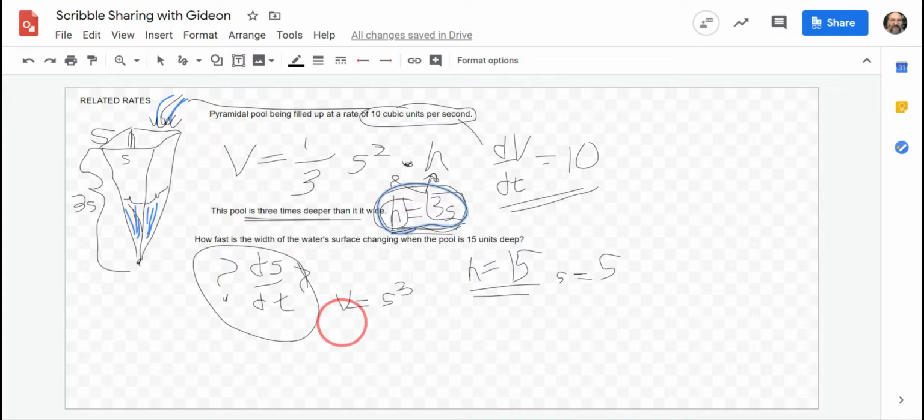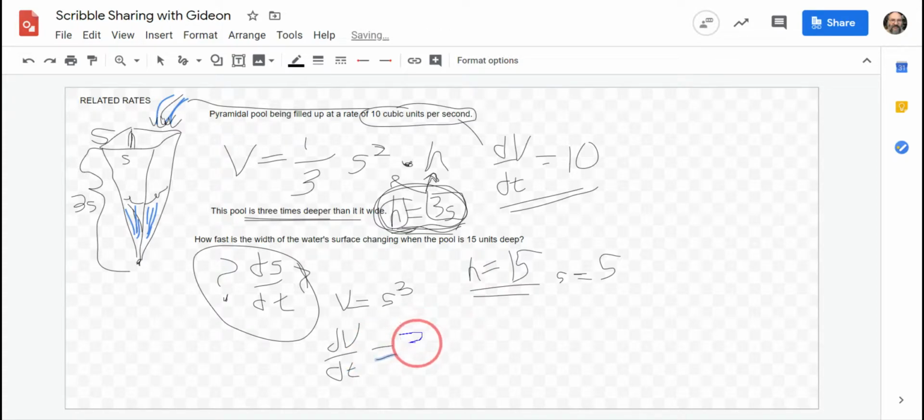Well, now I've got v equals s cubed, so clearly what I need to do is take the time derivative of both sides. So the time derivative of volume is very easy. You just get dV/dt. And the derivative of s cubed is quite easy also.